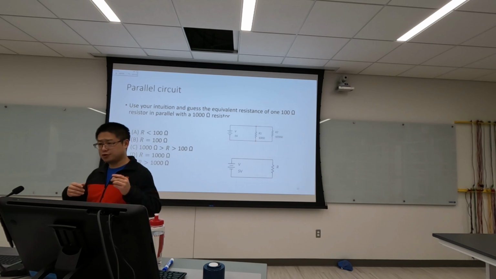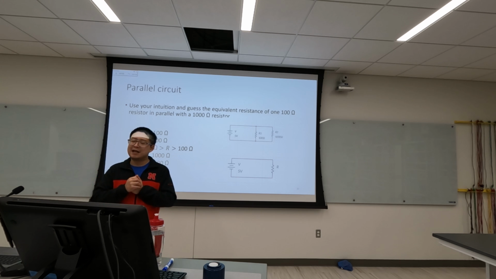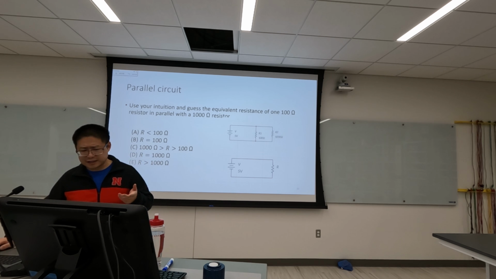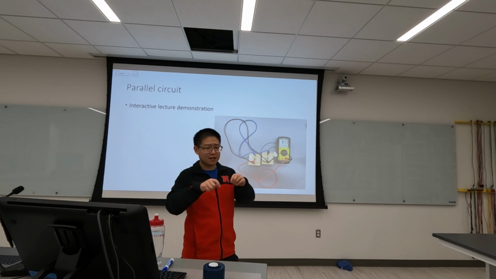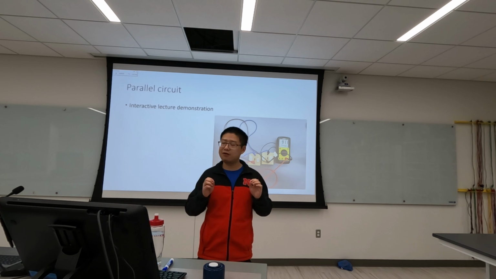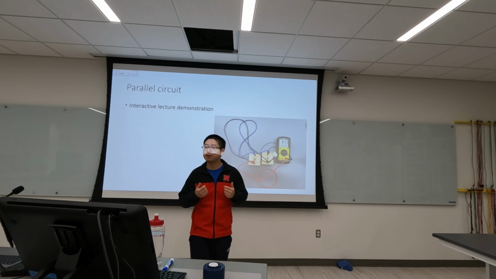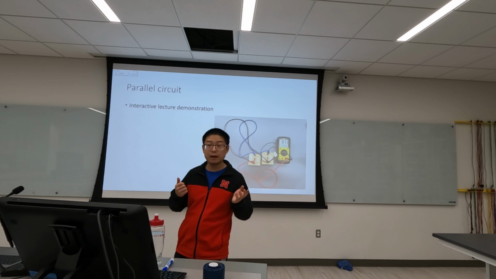So some of you choose A, some of you choose E, right? Let's take a look at the interactive lecture demonstration. I need another volunteer to help me connect the circuit and measure the equivalent resistance. You can see from the multimeter, the equivalent resistance is 91.1.